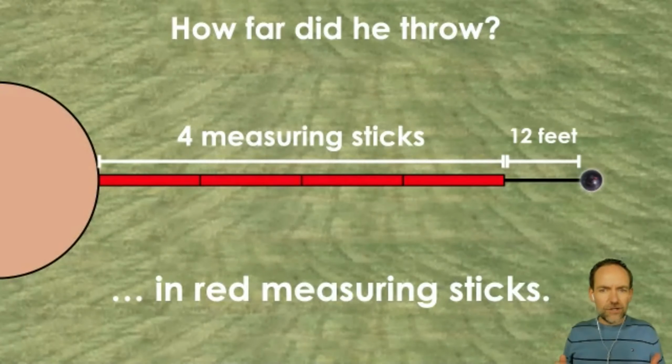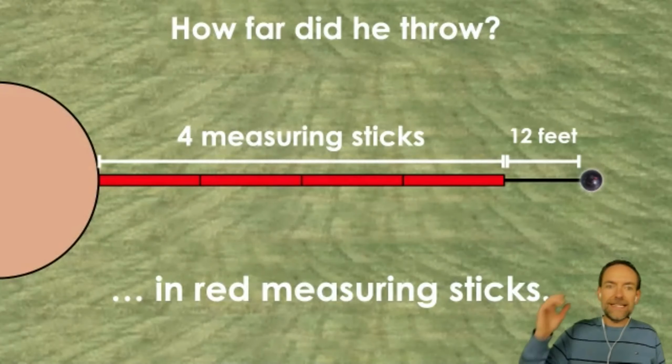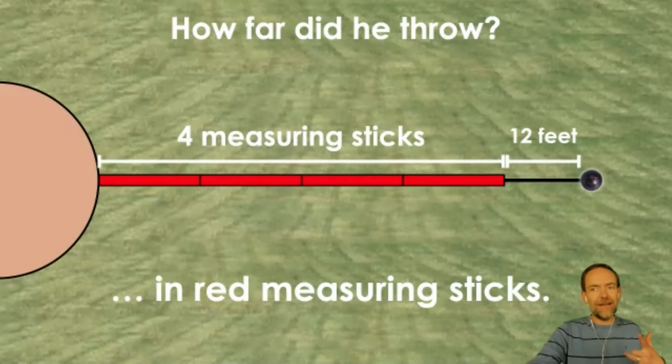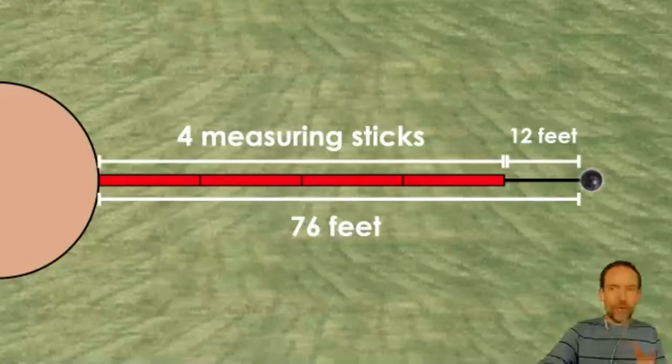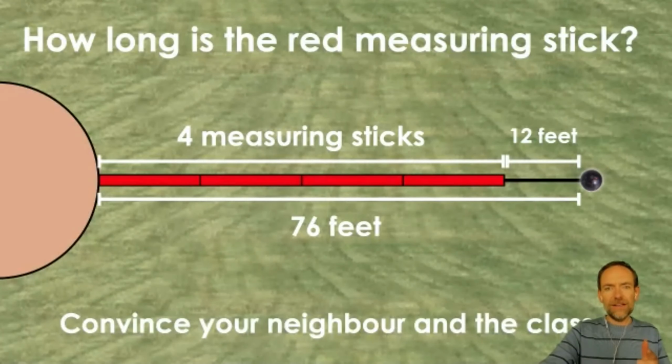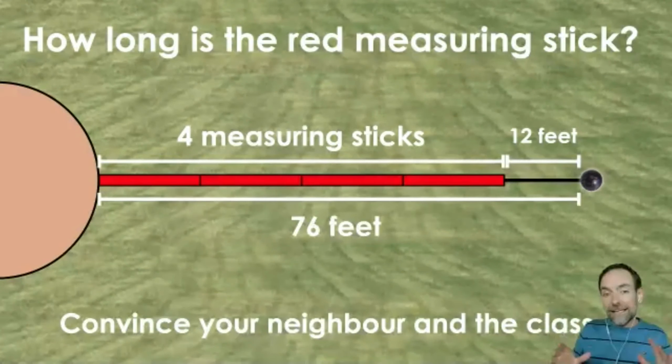Now you can imagine this might get repetitive if we just tell you how long the stick is. This time I'm actually going to tell you how long the throw was. And my question is, how long is the red measuring stick? I'm going to challenge you: how might you leverage a linear model to help you solve this problem?